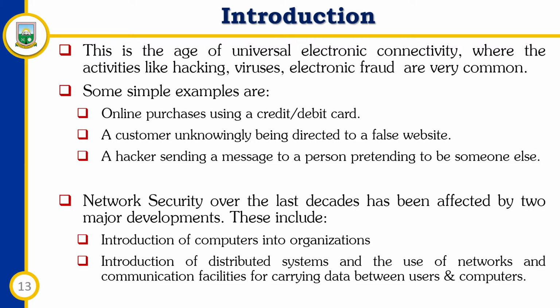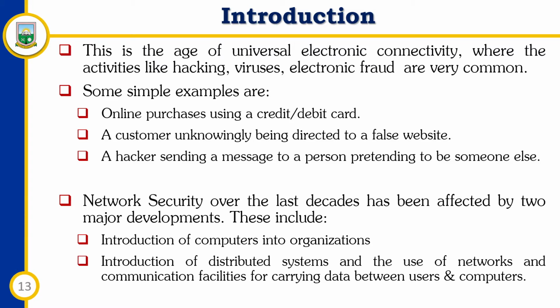So network security itself has been affected by two major developments over the past decades. The first one is the introduction of computers in organizations. The moment computers came into an organization, we needed to find a way to link all these computers together. That is where we have a network.